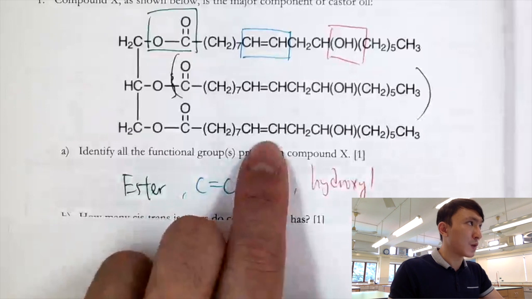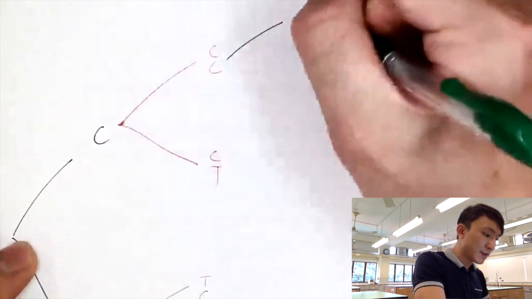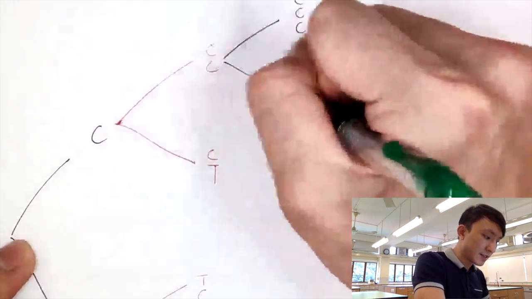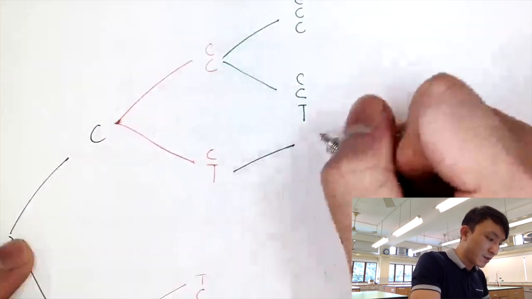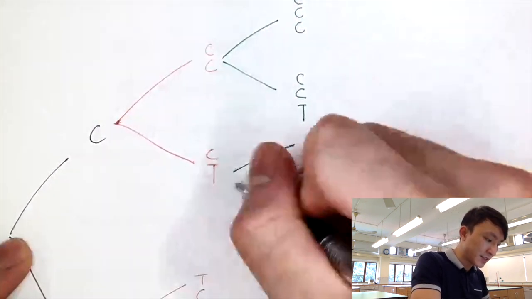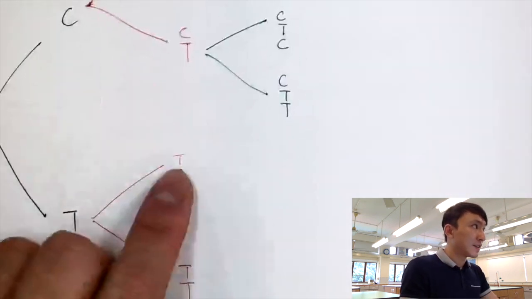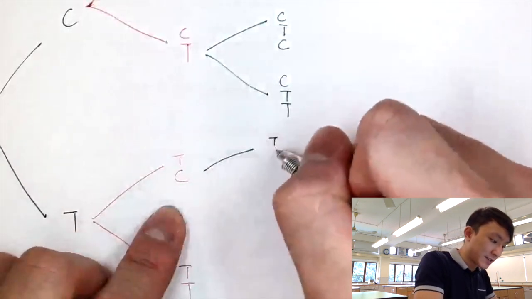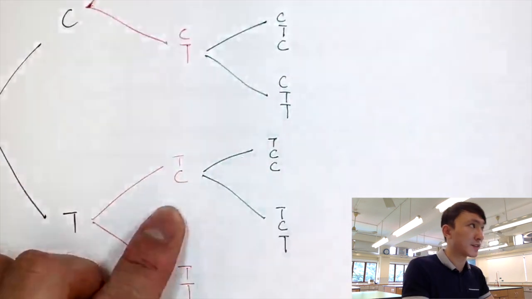Now, for the last one, again, it could be cis or trans. So we do the same thing. So we can have cis, cis, cis, and cis, cis, trans. And then here, we can have cis, trans, cis, and cis, trans, trans. Same idea, we can have trans, cis, cis, and trans, cis, trans.